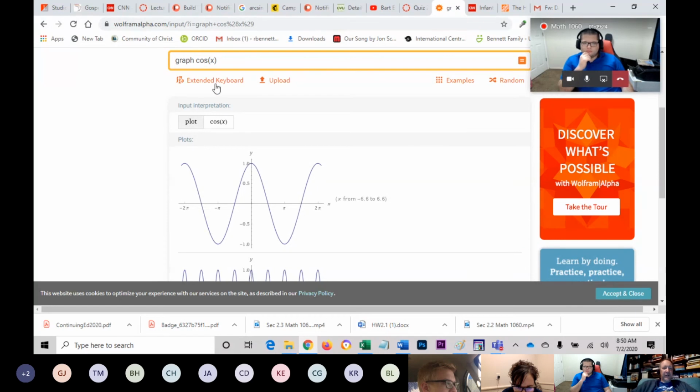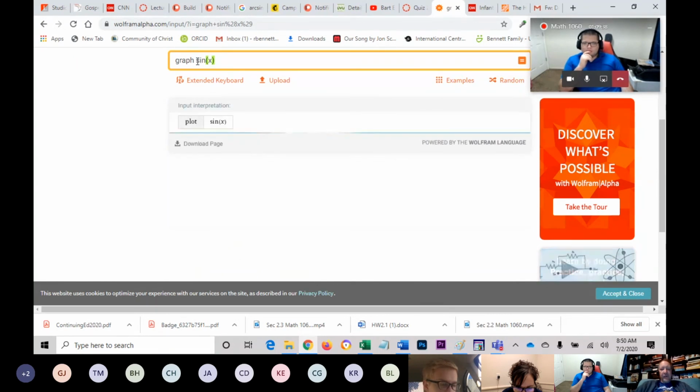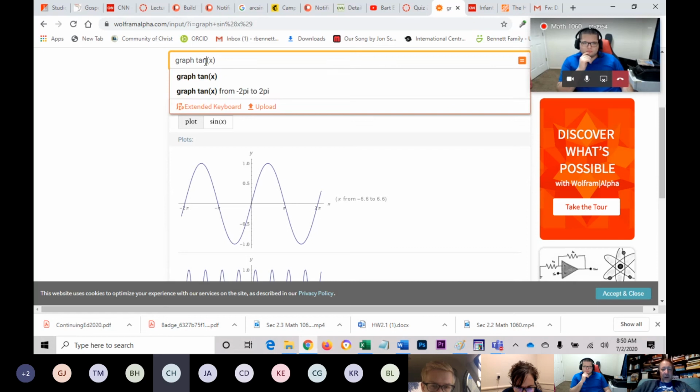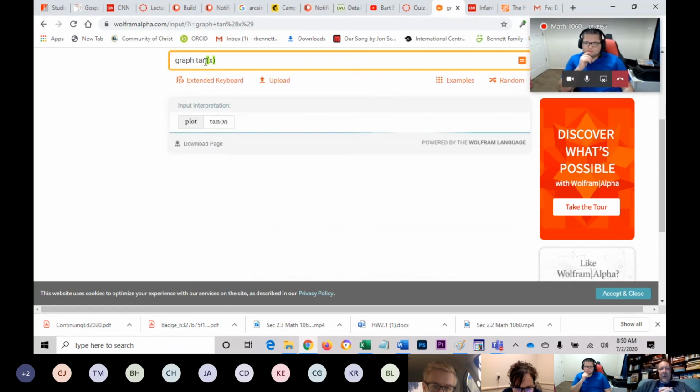Clearly, especially with the cosine function, you can see that if I folded the paper along the y-axis, I'm going to get a mirror image. So that's going to be an even function. And the sine function is an odd function. If I folded that along the y equals x line, then that's going to be a mirror image of each other. Now, the last one I wanted to point out here was the tangent function. I'm jumping ahead.